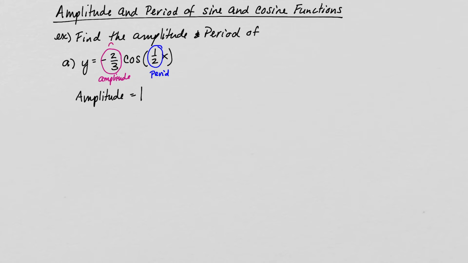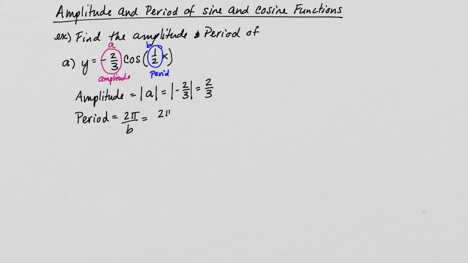We usually call this value A, and we call this value here B. So amplitude is equal to the absolute value of A. So in this case, it's the absolute value of negative 2/3, or 2/3. And the period is 2 pi over B.